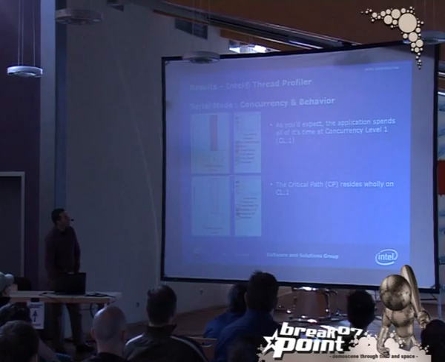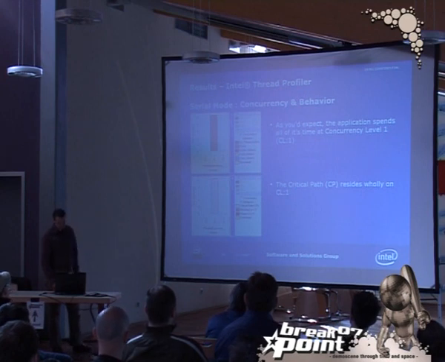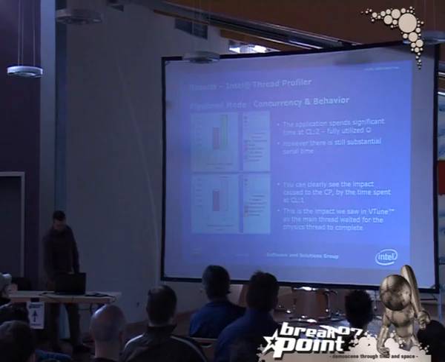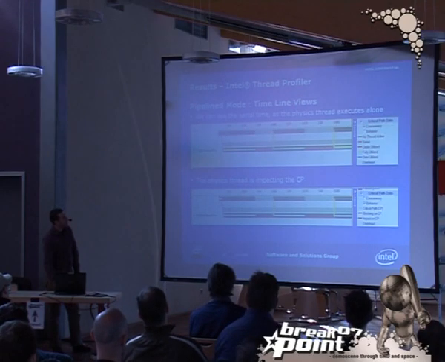Once again you can see the concurrency and behavior. So I took this with the serial mode as well, and you can see that as you would expect with serial mode, everything's at concurrency level 1. That was the pipelined mode, where we're definitely getting some fully utilized behavior, but we've still got a lot of serial time as well, and it does definitely impact the performance of the application.